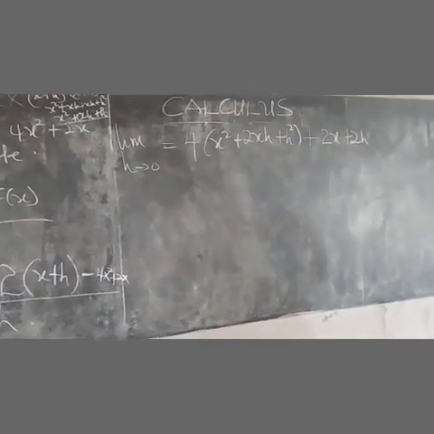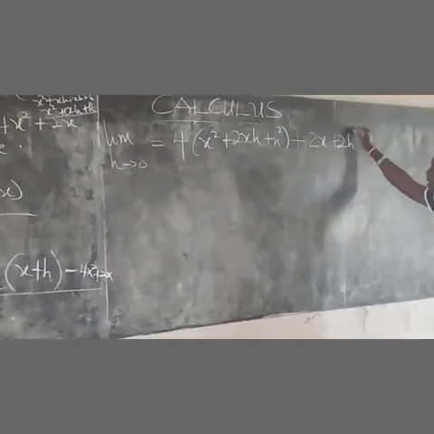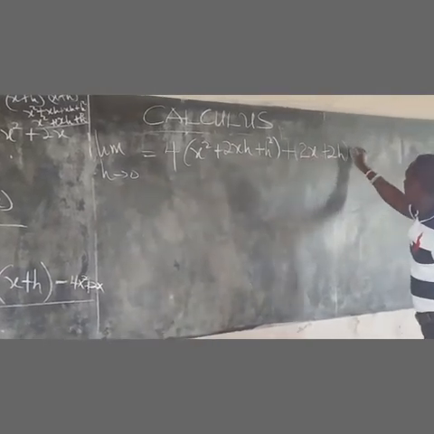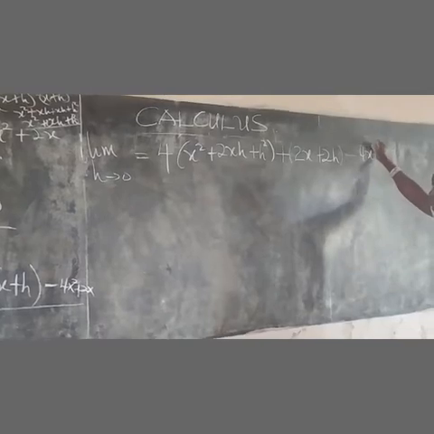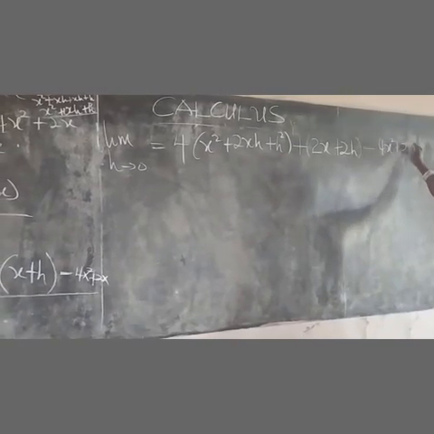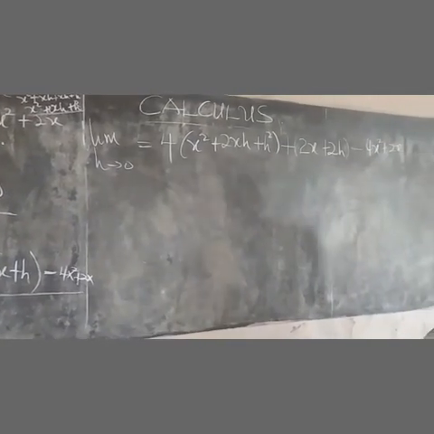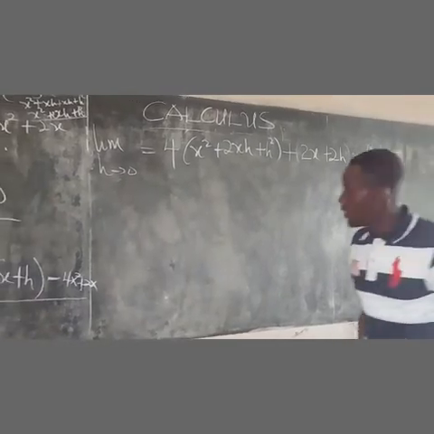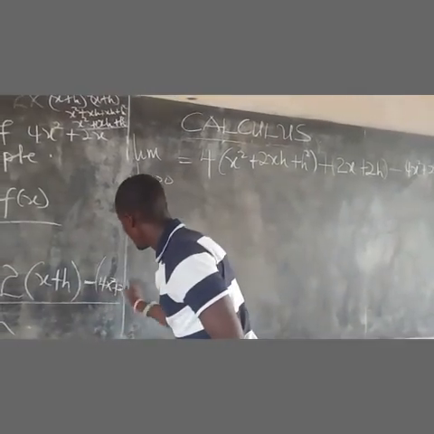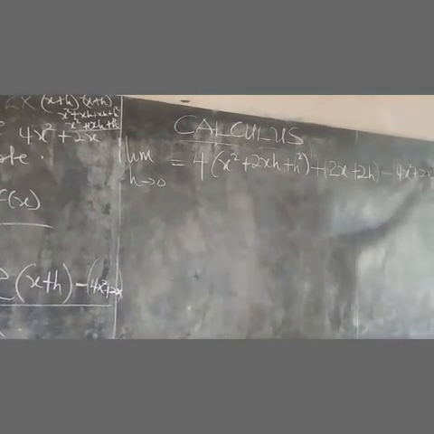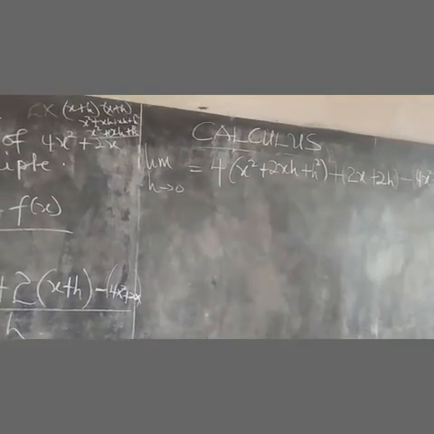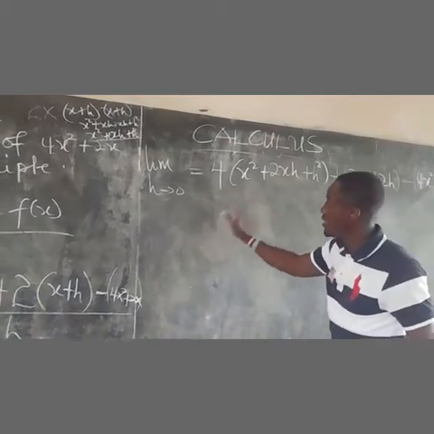We are going to use the whole board. As in 1/3 minus 4x squared plus 2x. Don't forget, this one is in brackets, so you have to put it in the bracket. It's very necessary. So let's expand this.